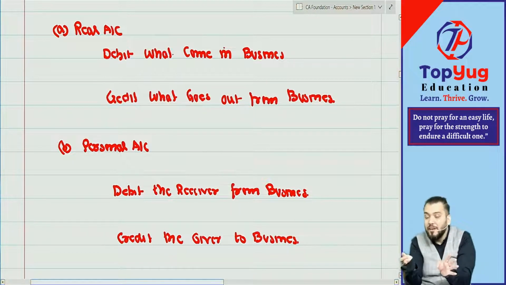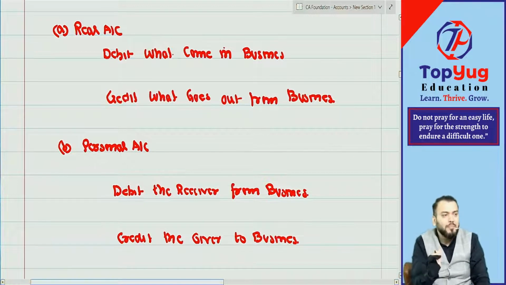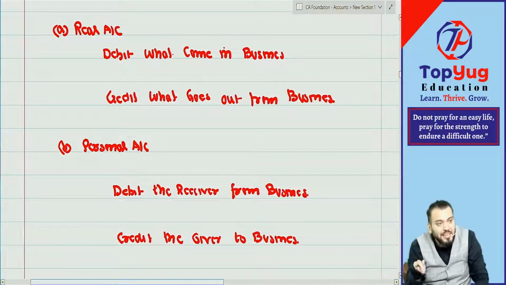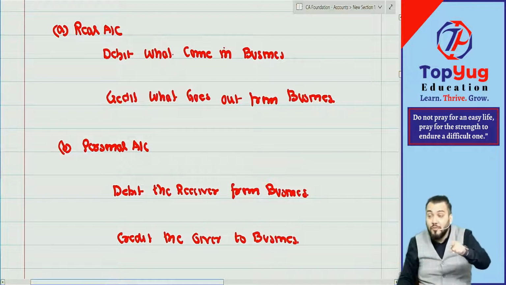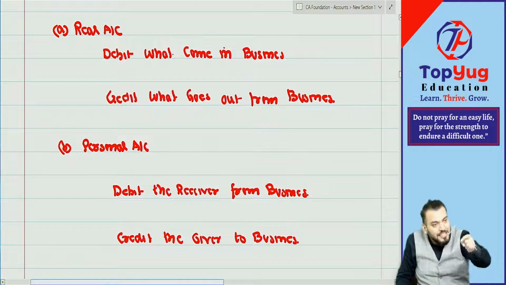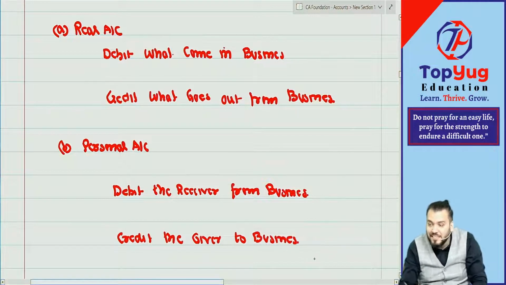Suppose you are paying cash to Mr. Rakesh. Is Rakesh receiving or giving? Receiving. So Rakesh account will be debited. We need to find out who is receiving from business, who is giving to business. So receiver will be debited, giver will be credited.